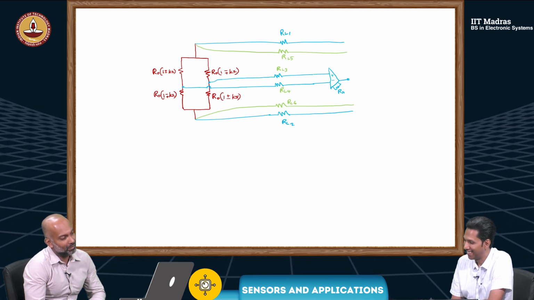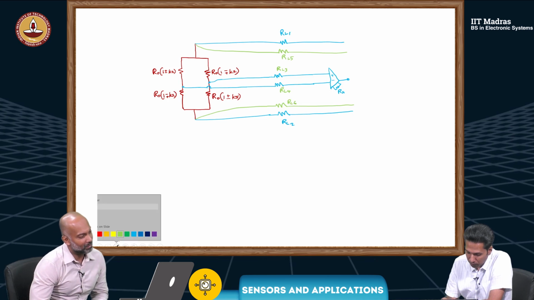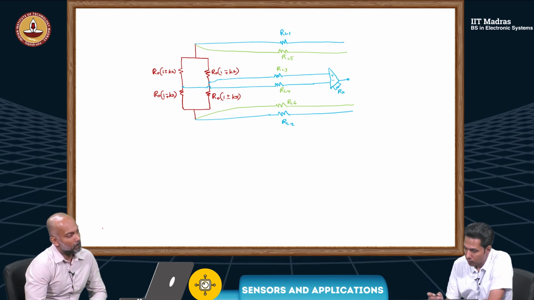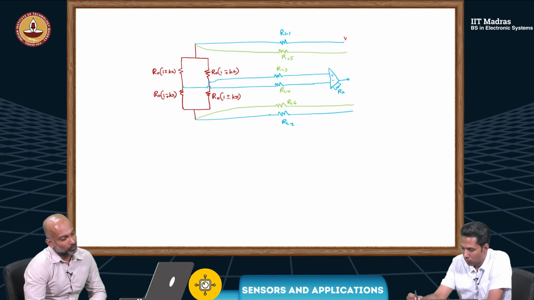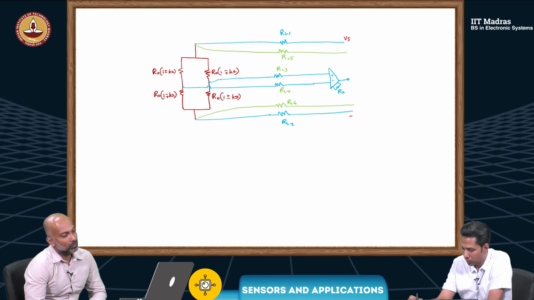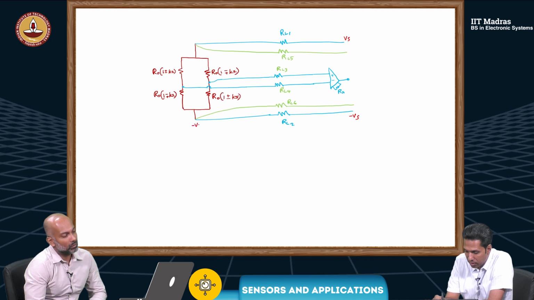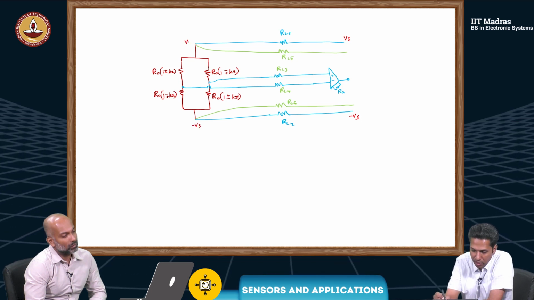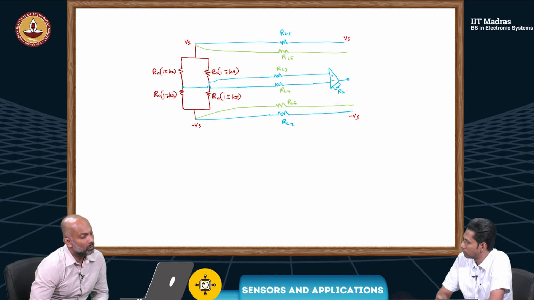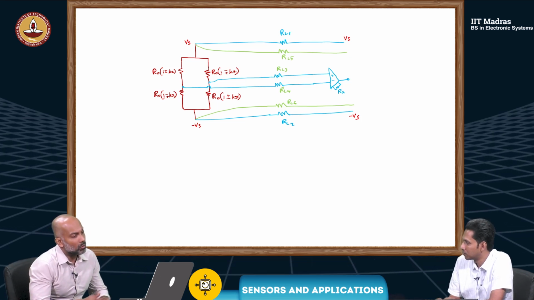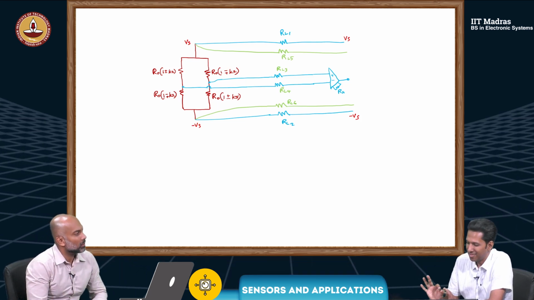But now, let's say I applied some Vs here and minus Vs here. What I wanted to ensure is that minus Vs is reaching here and plus Vs is reaching here. That's what we want. And the two new wires, I just open it.